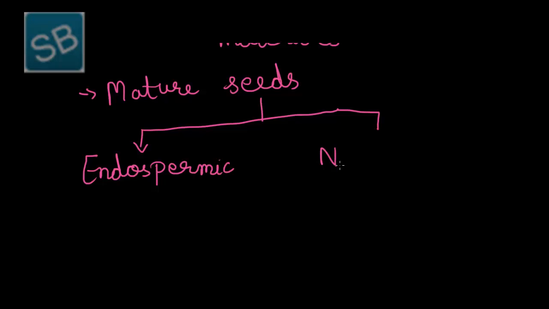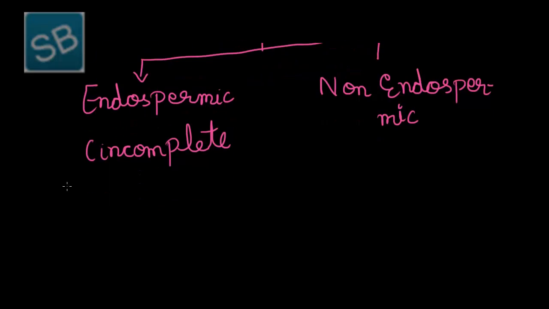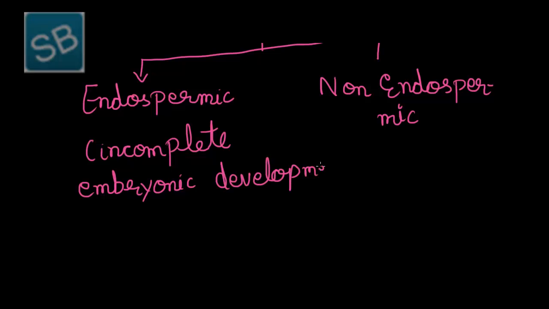Definitely, as the name suggests, endospermic seeds are the seeds which possess an endosperm, and on the contrary, non-endospermic seeds are the seeds which do not possess an endosperm. Non-endospermic seeds lack endosperm because it is completely consumed during the embryonic development. On the contrary, in endospermic seeds it is retained as a part due to incomplete embryonic development, while in non-endospermic seeds, complete embryonic development occurs.